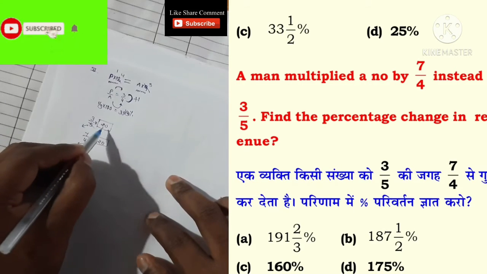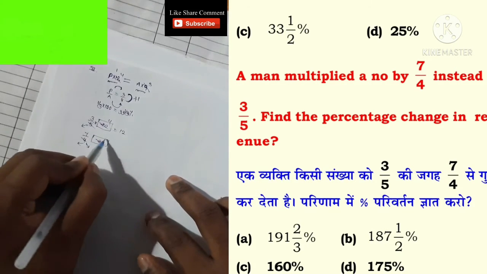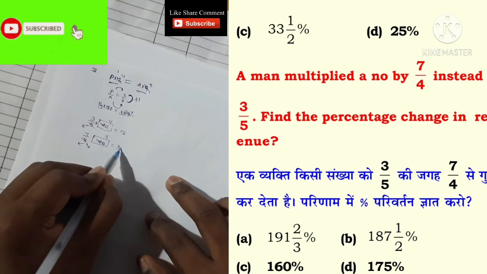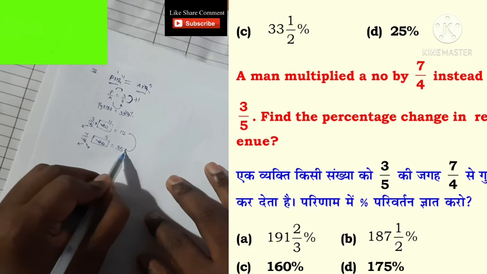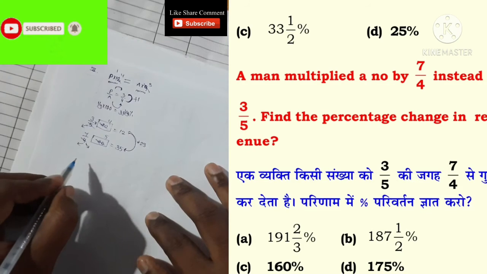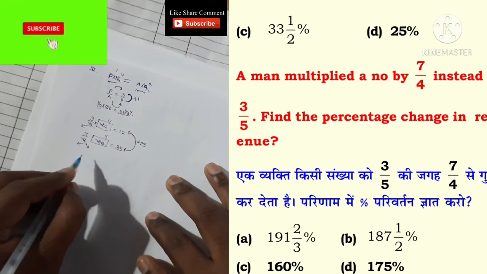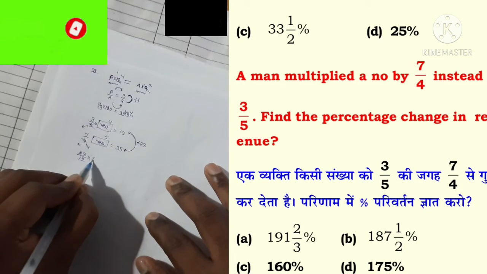So 3 by 5 into 20, value is 12. 7 by 4 into 20, value is 35. So what is the percentage of increase? So it is increased by 23. So percentage is 23 by 12 into 100.